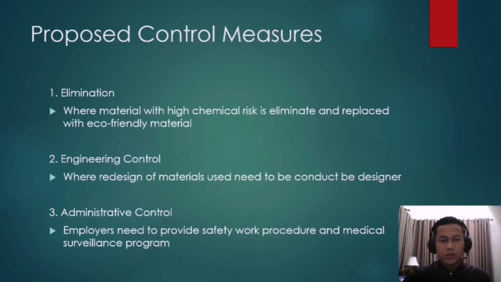Second is engineering control, where a redesign of the material used needs to be conducted by the designer. And third is administrative control, where employers need to provide safe work procedures and a medical surveillance program.